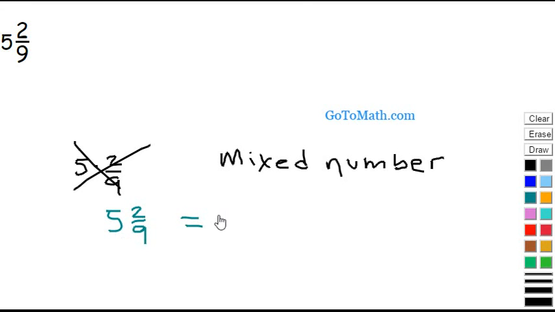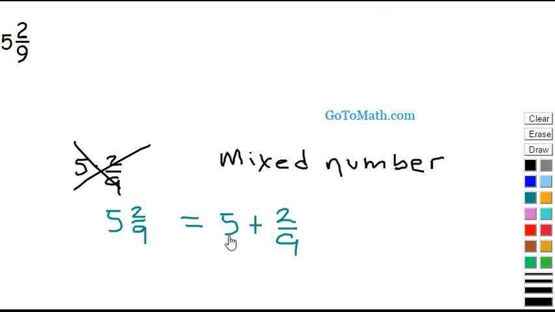What this actually is, you can rewrite as 5 plus 2/9. To get this as a fraction, we're going to write this as 5 plus 2/9.